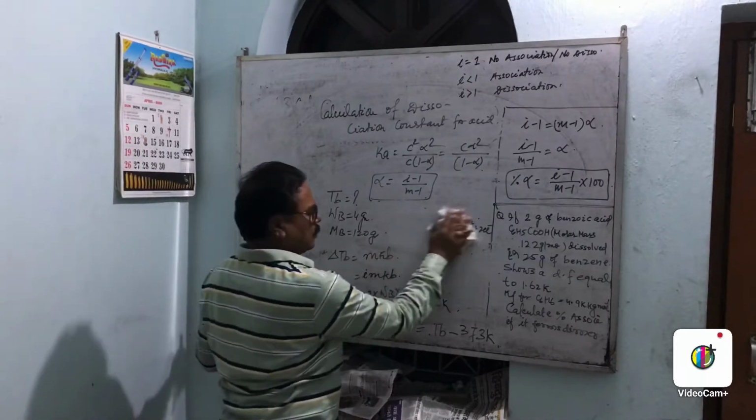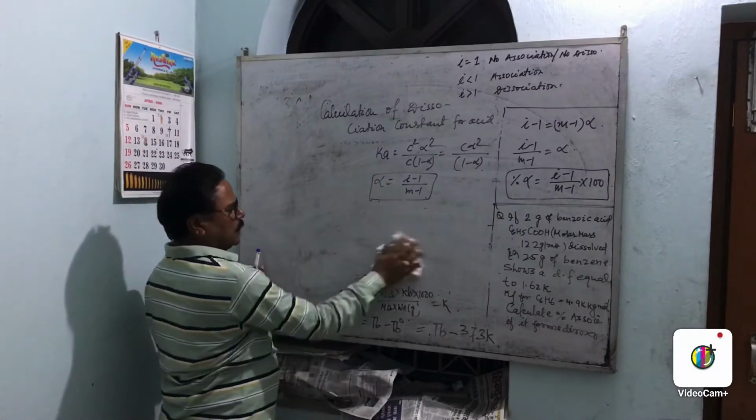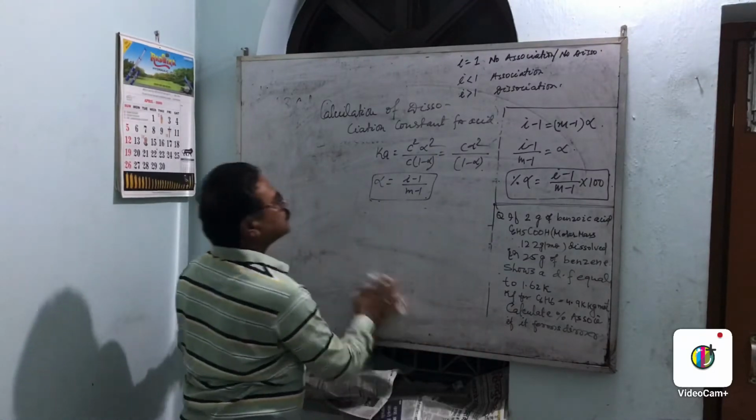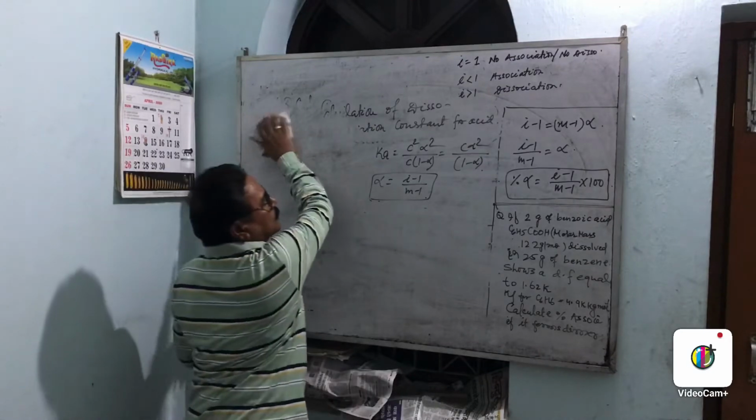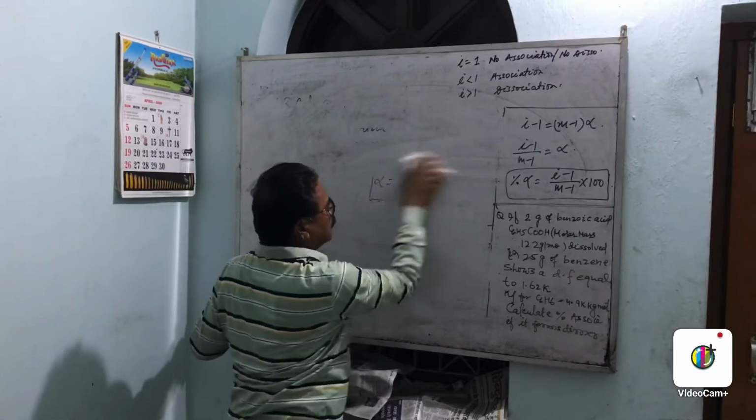Now another topic is left. This is called degree of association. So we take another example.